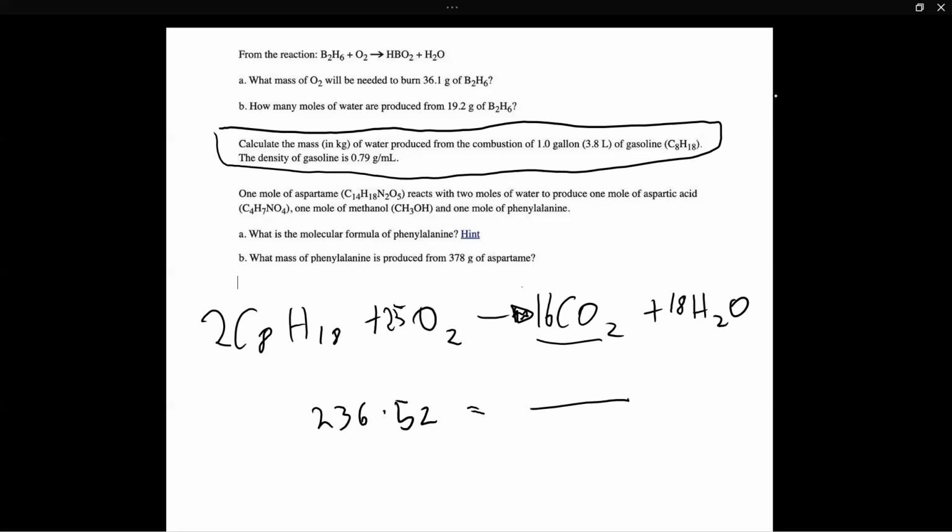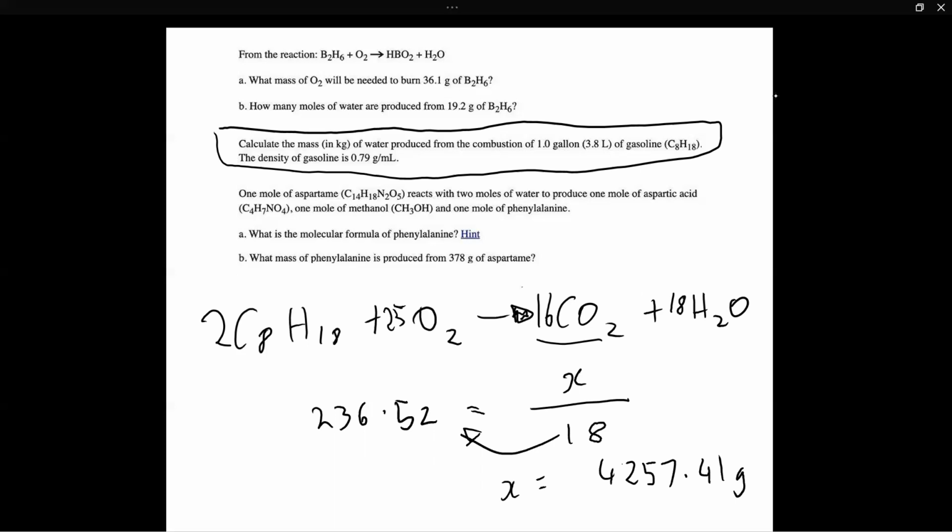And we know the molar mass of water is approximately 18, and we just need to find x, which is the mass of water. So we just multiply this by that, and x is equal to 4,257.41 grams of water produced.